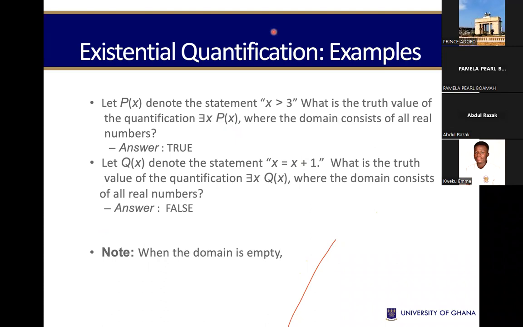All right. So now look at when the domain is empty. With the negative 10 plus 1, does that mean the first X always represents the answer when doing the comparison?